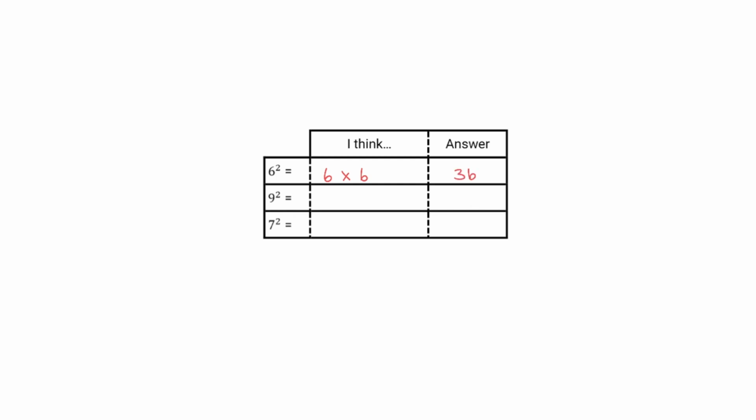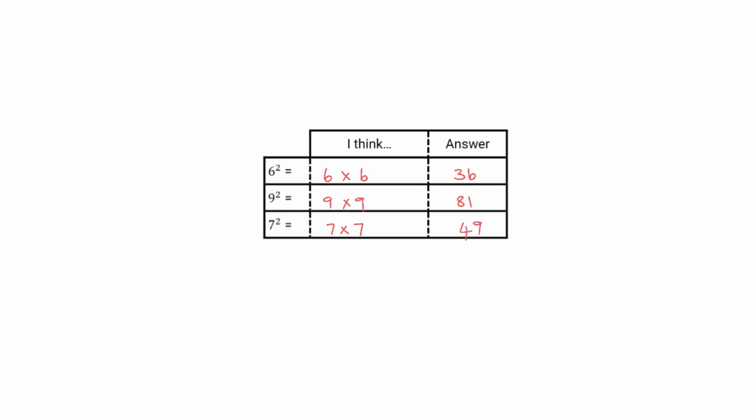For 9 squared, you're thinking in your mind 9 times 9. You're not thinking 9 times 2. Remember, you're taking the 9 and multiplying it by itself. 9 times 9, and your answer is 81. And then this last one, 7 squared, in our minds we're thinking 7 times 7, which is 49.